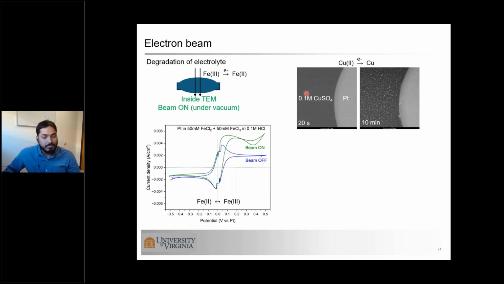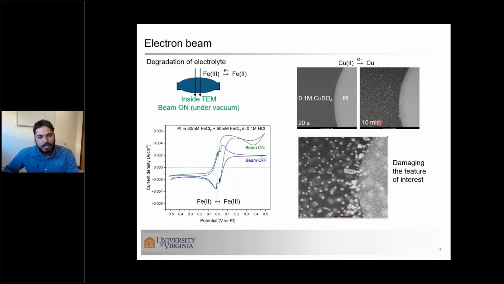If you have an electrolyte like copper sulfate, or the cases where electrodeposition can also happen, you will see the consumption of soluble copper because of the formation of nanoparticles, and that is why your liquid composition is also changing. So yes, if not careful with dose rate, there's also a possibility that you might damage the feature of interest.